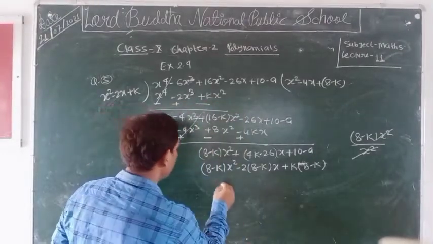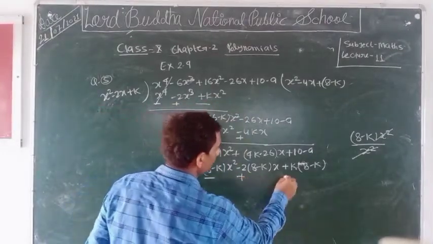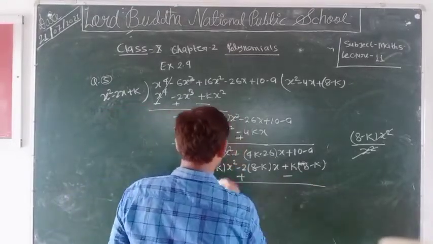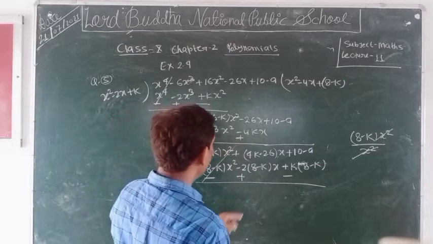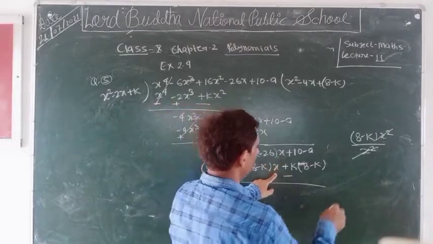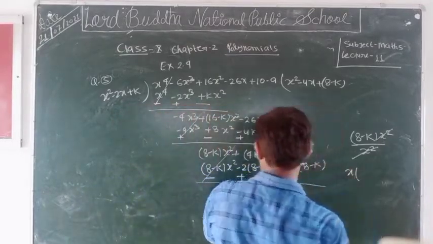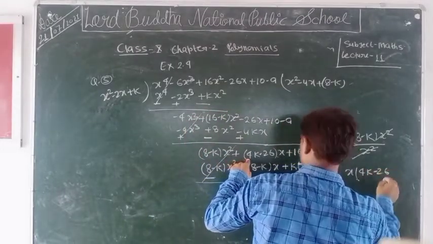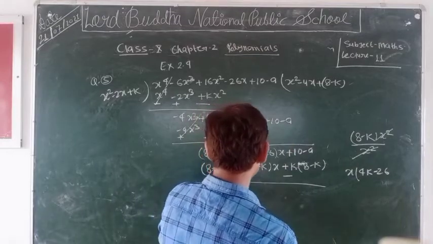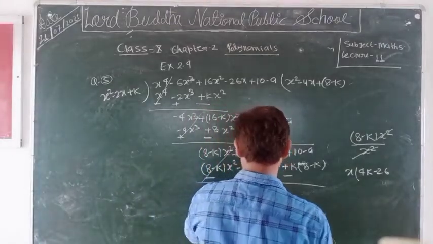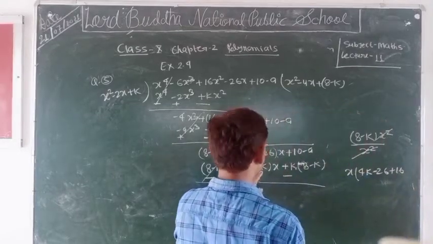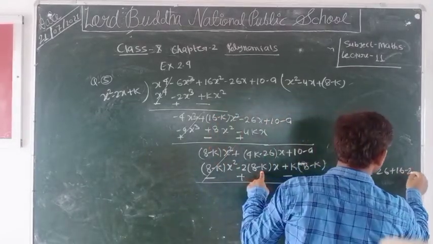Now here minus, this is plus and this minus, this is cancelled out. We see that here x is common. We take x common now. Here we see that 4k minus 26 and the symbol plus, here 2 into 8 is 16 and minus 2k.